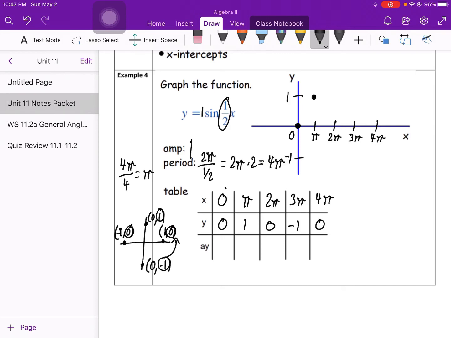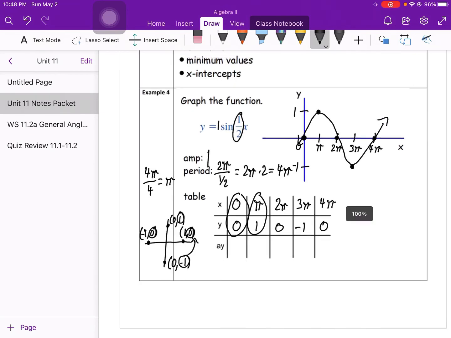So we go 0, 0, and then it's pi once. We go over pi, up 1, and then 2 pi we get down to 0, 3 pi goes down to -1, and then 4 pi we're back to 0. And then we just show that this would continue. So we put arrows on both ends, and there we go.